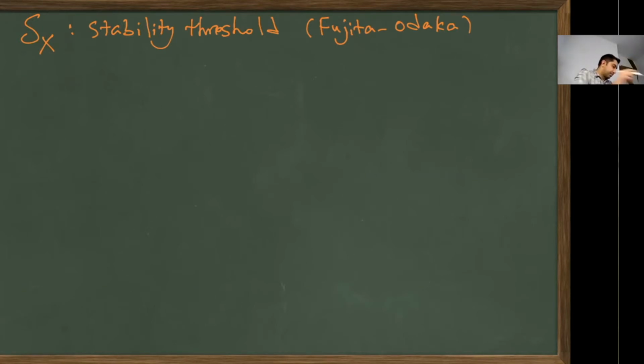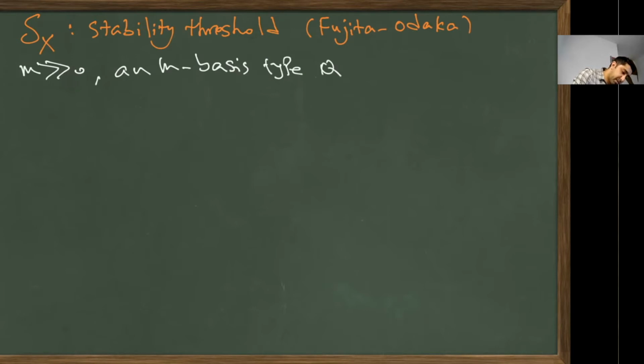Good. So what was this delta X, the stability threshold? I'm going to define it. It was introduced by Fujita and Odaka a couple of years ago. Suppose m is a large enough positive integer, and define an m-basis type Q-divisor D of this form.